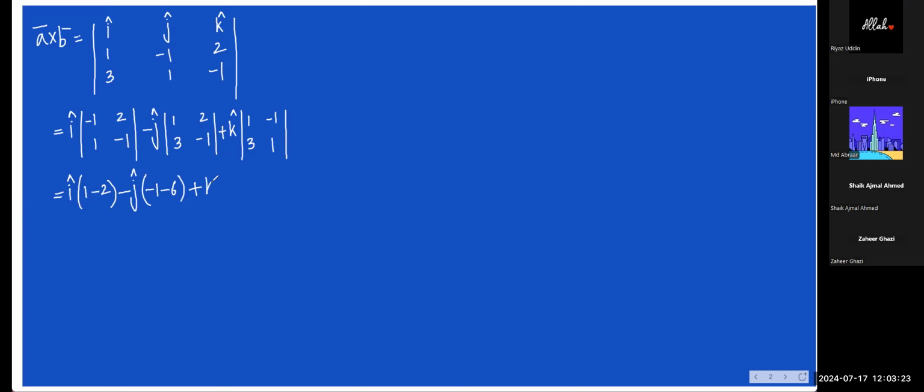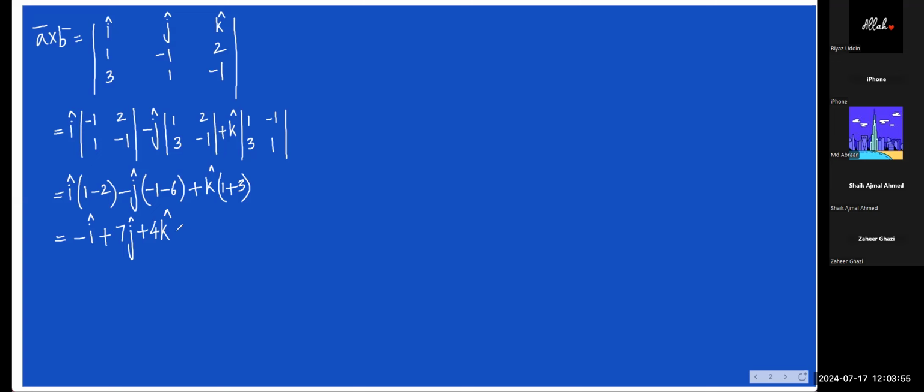Plus k cap: AD minus BC, 1 into 1 minus minus 3, that is 4. So adding these values, this is your A cross B value: minus I plus 7j plus 4k.